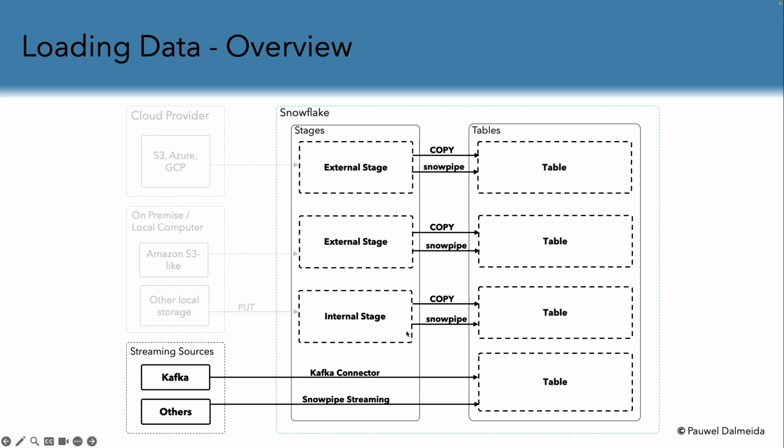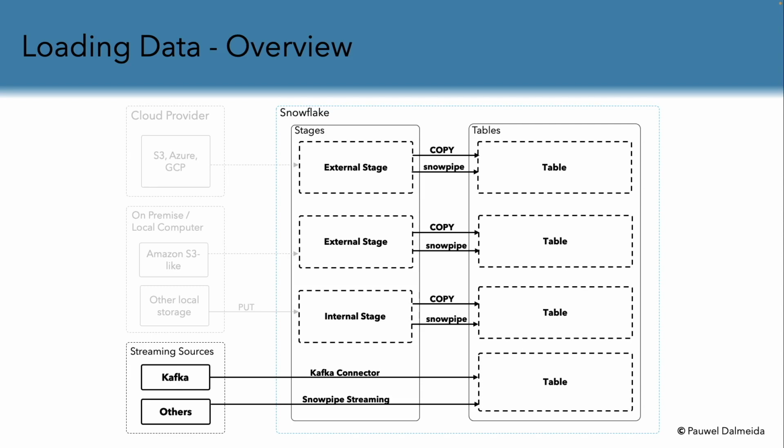Next, concerning the streaming sources, you have Kafka that can be loaded into a table with the Kafka connector. And you have also other streaming sources that can be loaded into a table with the Snowpipe streaming technology. All these technologies will be deeply discussed in the next lessons.